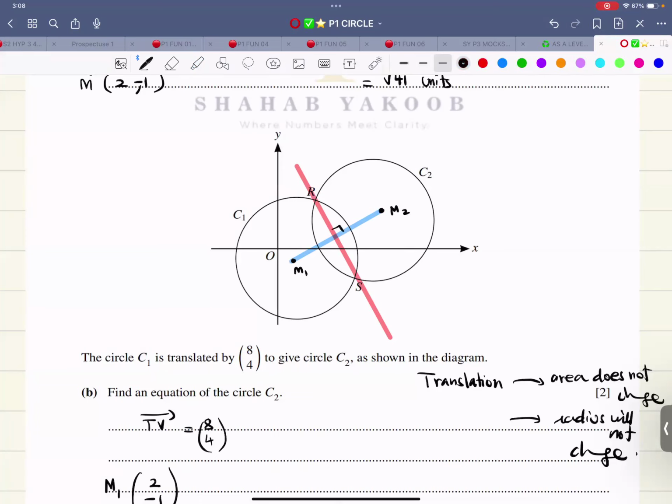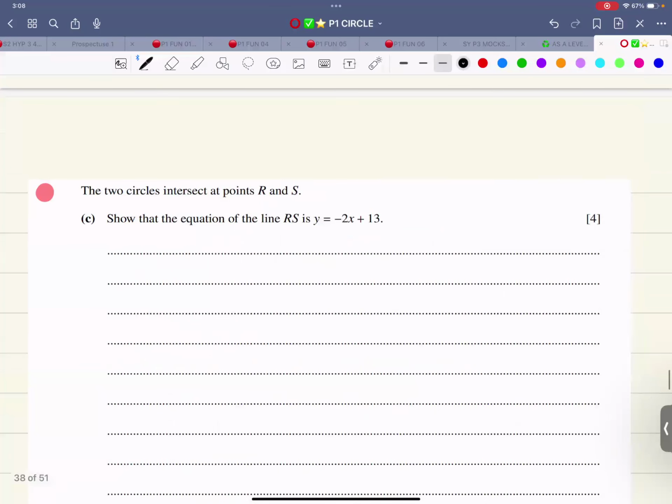What do you think is the relationship? The relationship is that line RS is the perpendicular bisector of the line joining the two centers.